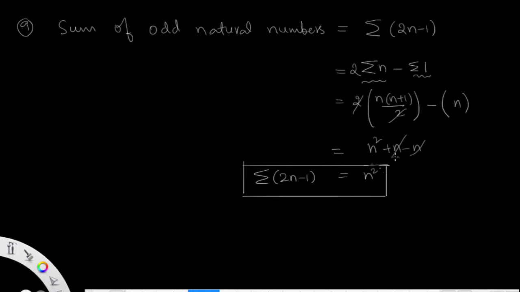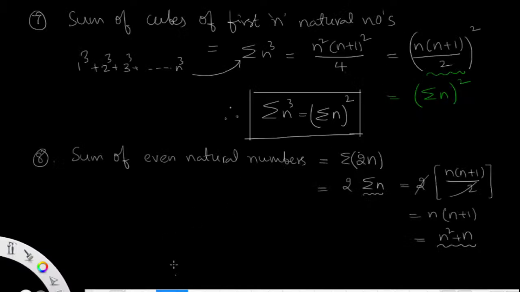So n square plus n minus n. So, the basic formulas: the sum of even natural numbers is sigma 2n, 2 into sigma n, and the sum of the odd natural numbers you have to write as n square.